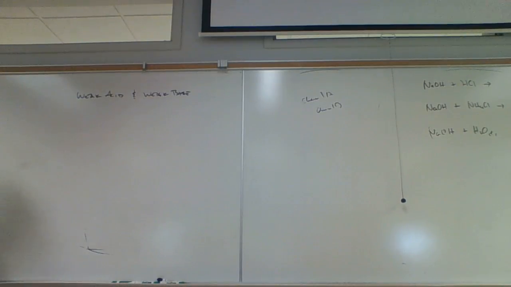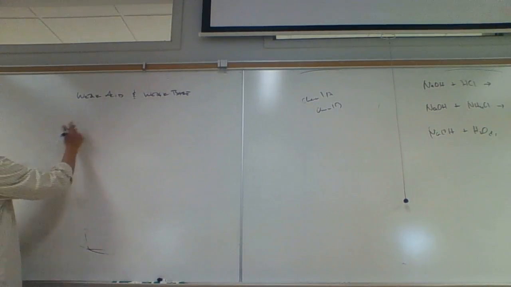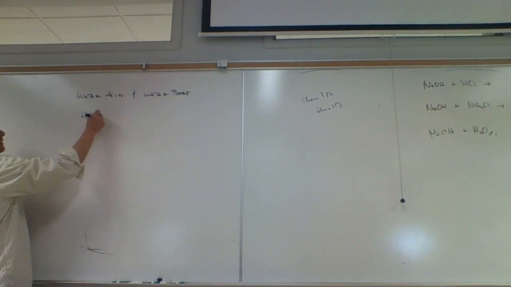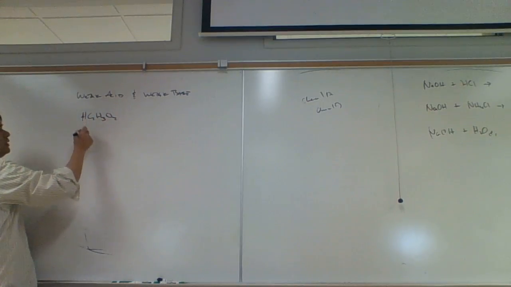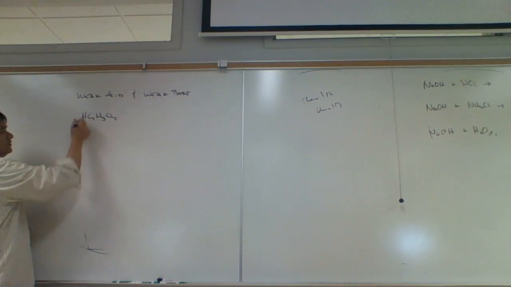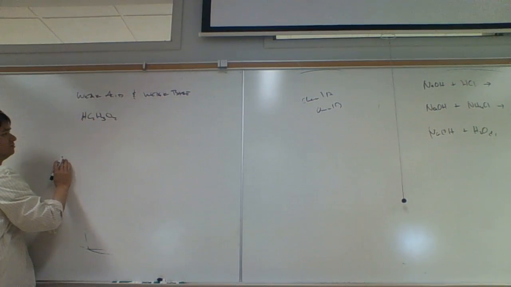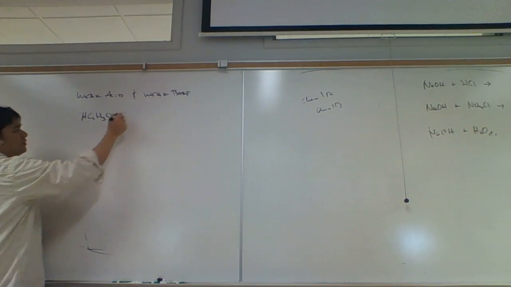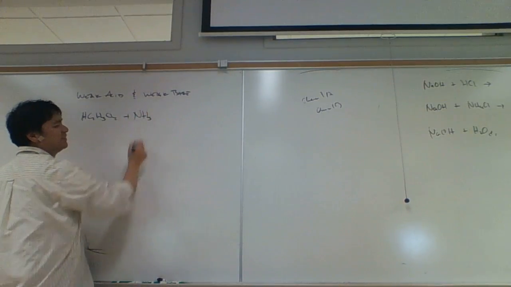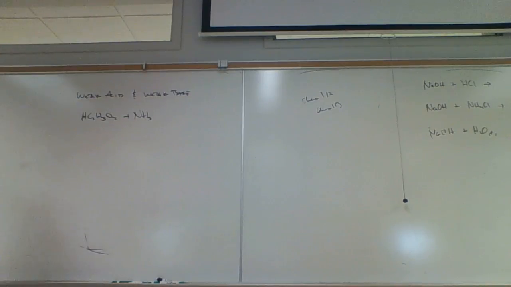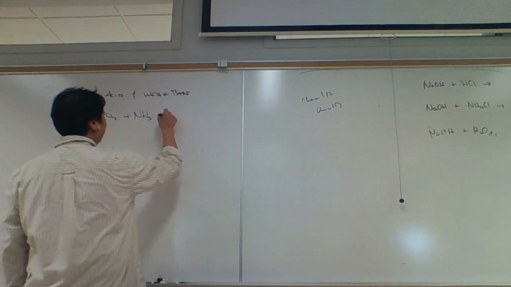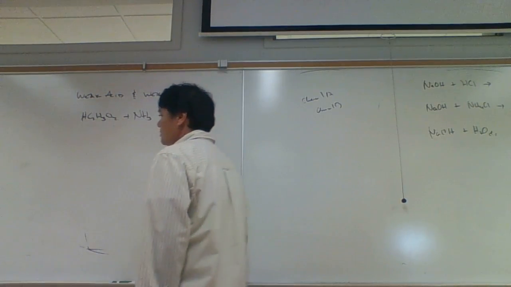Give me a weak acid. All right, let's go with acetic acid. Give me a weak base. Probably one of the most common weak bases is ammonia. So we'll go with acetic acid and ammonia, a common weak acid and common weak base. So acetic acid plus ammonia, this is an acid-base neutralization reaction.